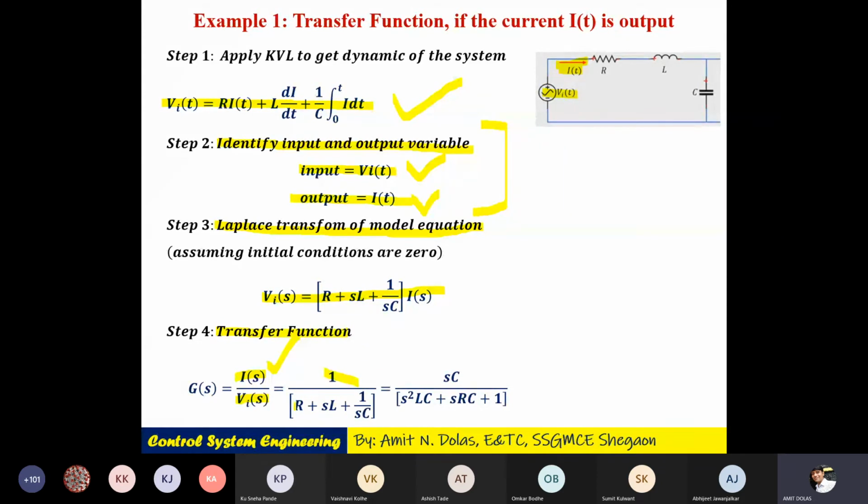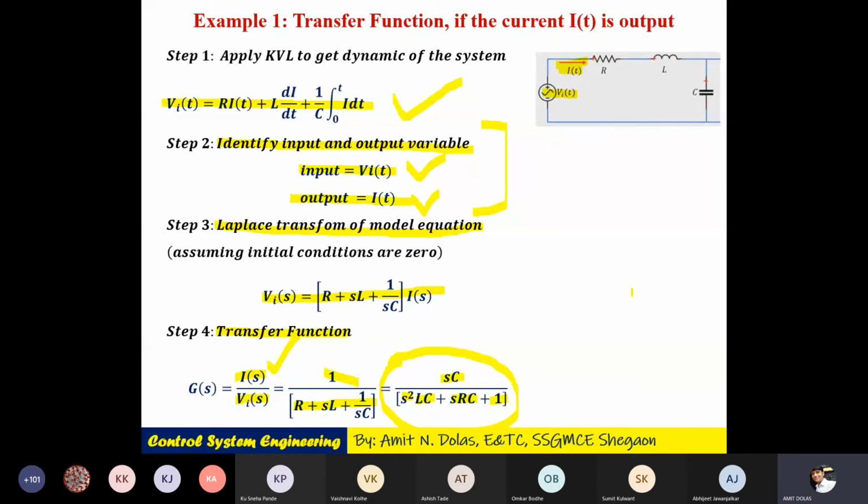So it will be 1 by R plus sL plus 1 by sC, multiplying by sC throughout numerator and denominator. It will be sC upon s square LC plus sRC plus 1. You can see the difference here. Input parameter or variable is same, but output variable is changed in this example.